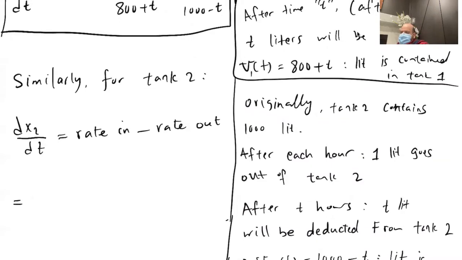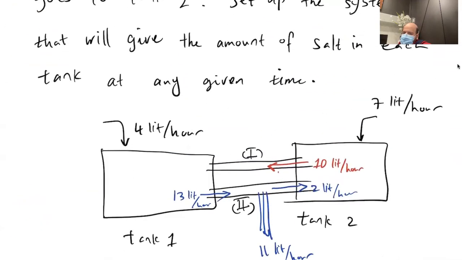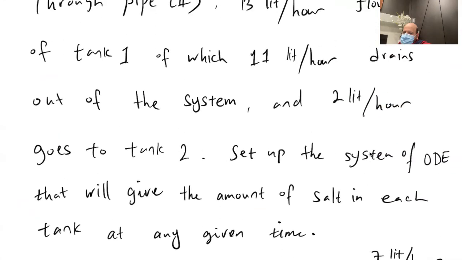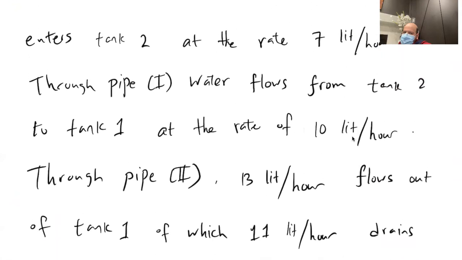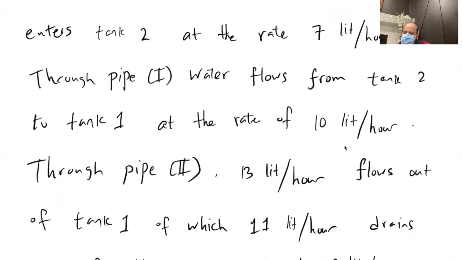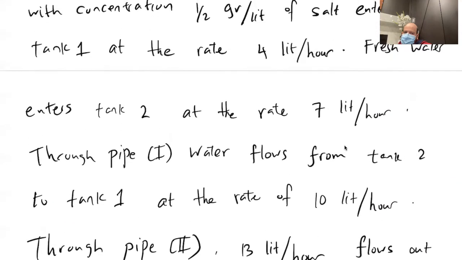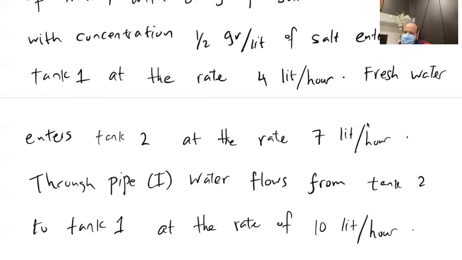So again, let's see what type of salt water we have coming in and going out of tank 2. Well, we have 7 liters per hour coming in. And what is the concentration of this 7 liters per hour? It says in the question that the concentration is 0, because fresh water comes into tank 2 with this rate.